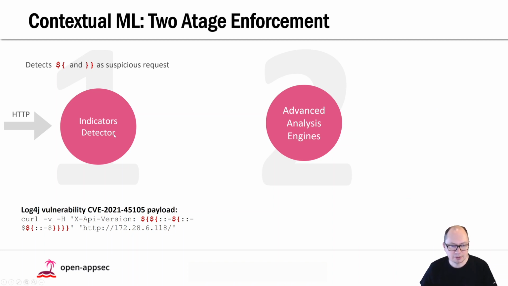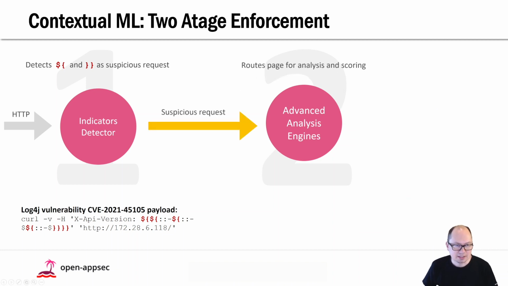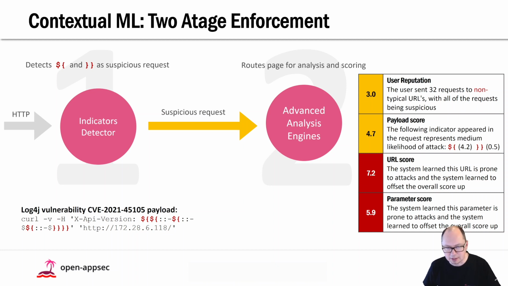So the indicator detector says that there is an initial suspicion on the request, hands it over to the advanced analysis engine, and in the advanced analysis engine, the context is then analyzed.